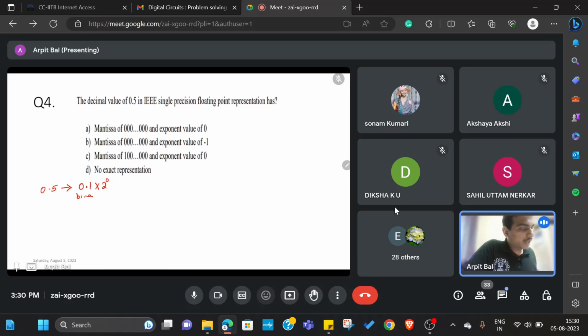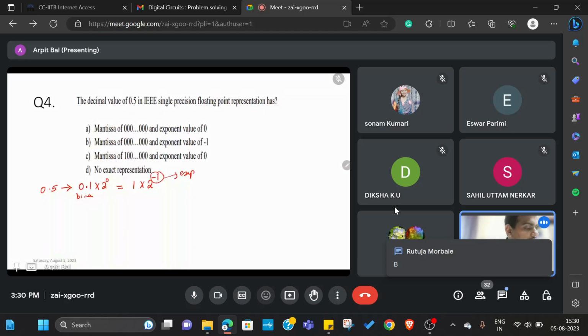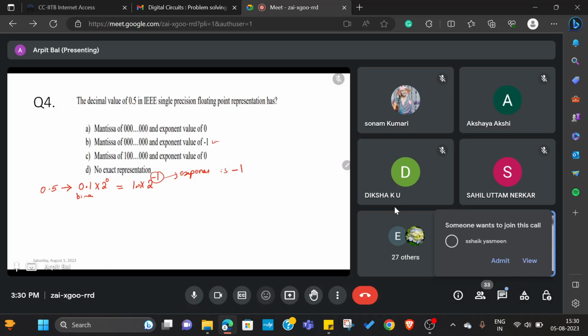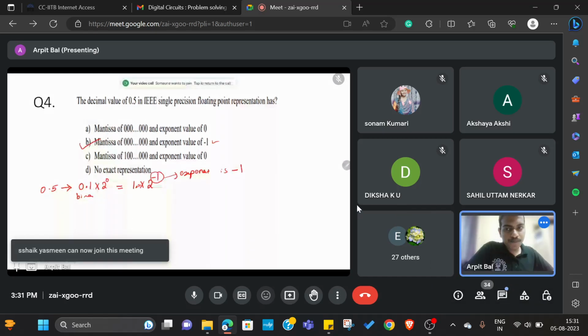If we convert that into the standard representation of IEEE, we will have 1 times 2 power minus 1. So here the exponent is minus 1, and the mantissa, that is the part after the decimal point, is all 0. So mantissa of all 0 and exponent of minus 1, that is option B.